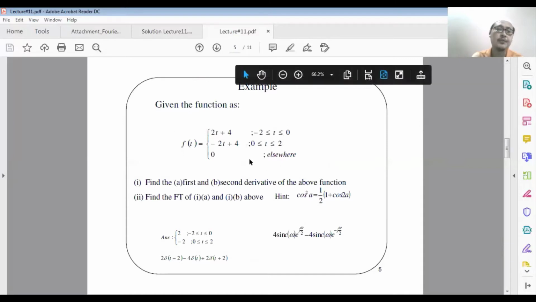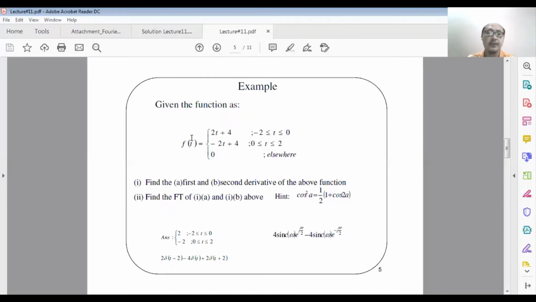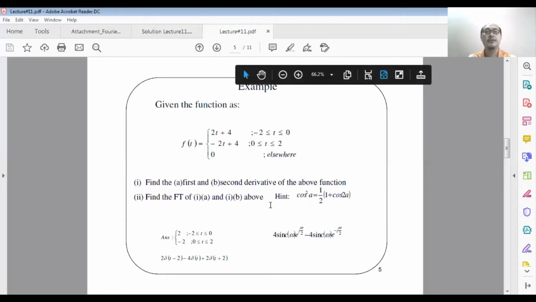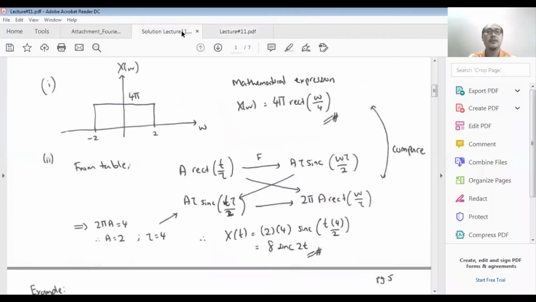From this given function, number one, you have to find the first derivative and the second derivative of f(t), which means finding the first order and second order differentiation. Number two, you have to find the Fourier transform for the first order and second order differentiation. I hope you understand the problem stated in this example. So let's have a look at the solution.